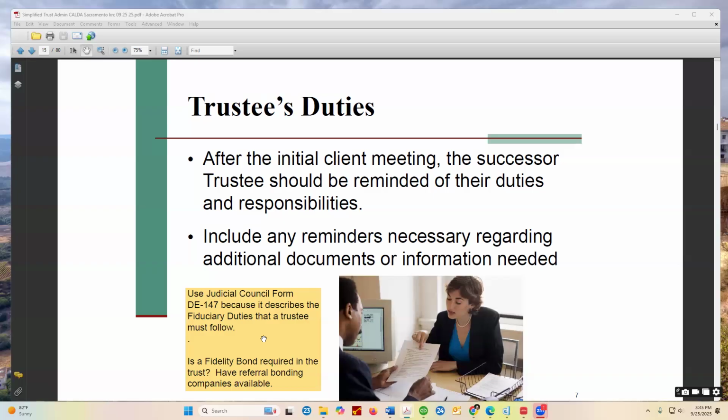Judicial Council is like the board of directors and they're immediately below the California Supreme Court. And so they make a lot of decisions and create approved forms for court use. And this particular form, as I mentioned, is required in probate, but optional for trust.